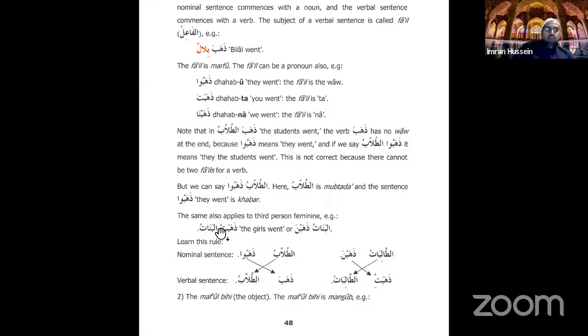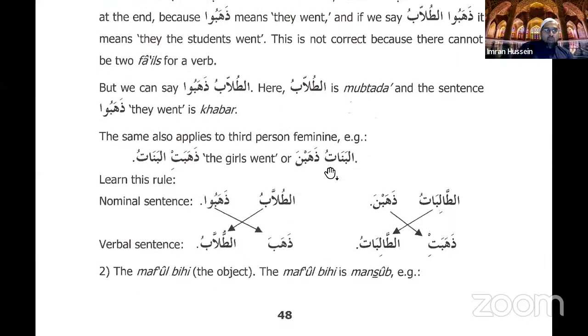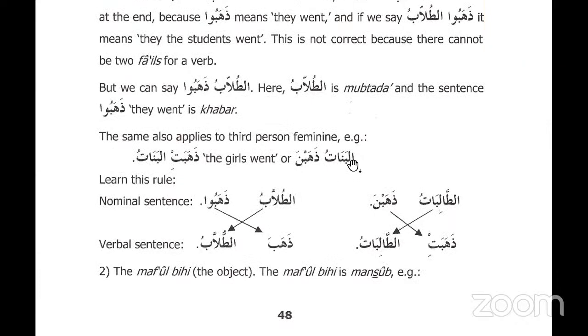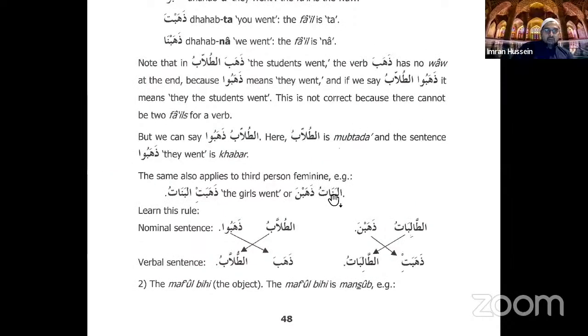And if you want to bring al-banatu in the beginning of the sentence, then you will say al-banatu dhahabna, correct. Because al-banatu is female plural, the verb has to correspond with al-banatu.